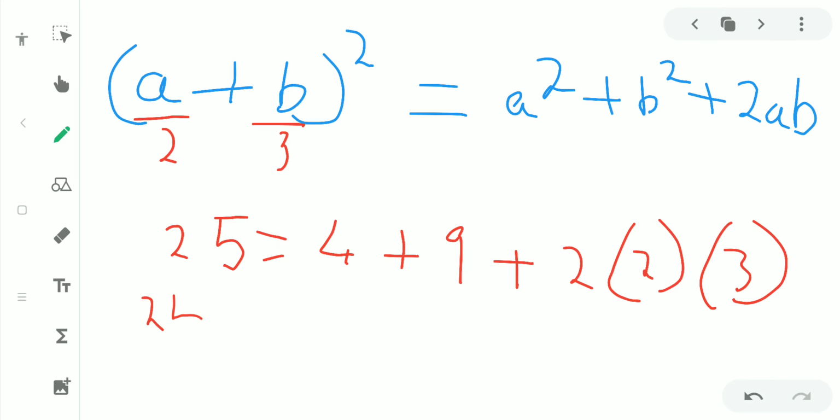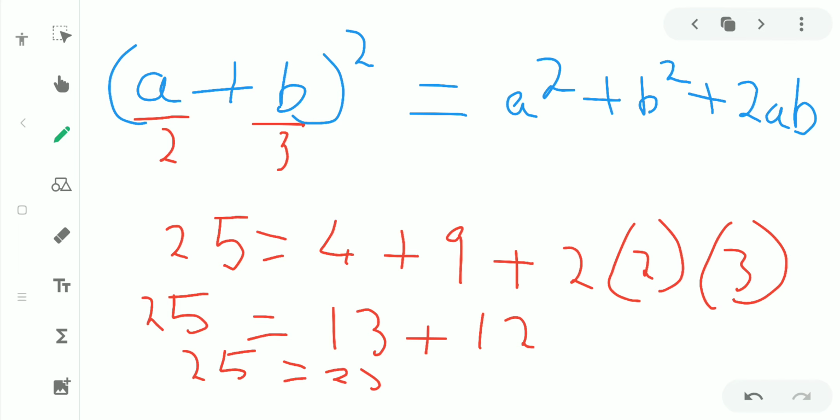So you are getting 25 is equal to 9 plus 4, 13, plus 2 2 is 4 and 4 3 is 12. So you are getting 25 is equal to 25, where RHS and LHS satisfies.